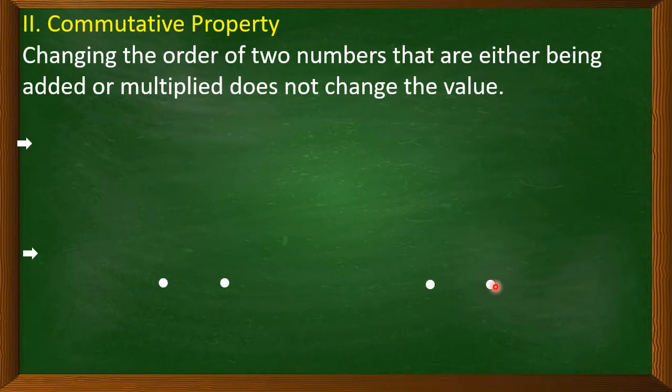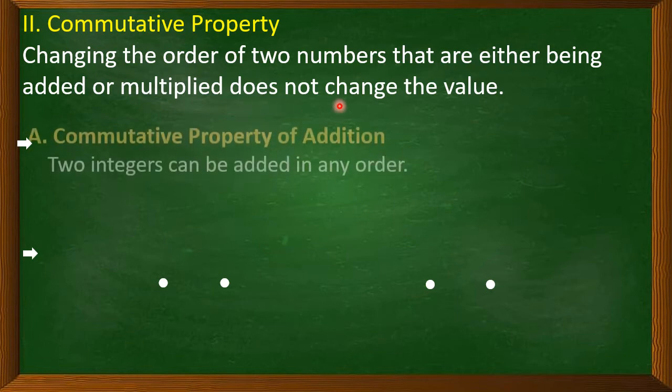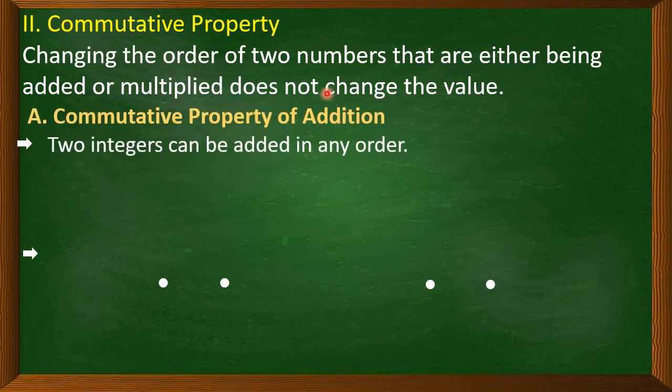Next property, commutative property. Changing the order of two numbers that are being added or multiplied does not change the value. For commutative property, we have commutative property of addition. Two integers can be added in any order.